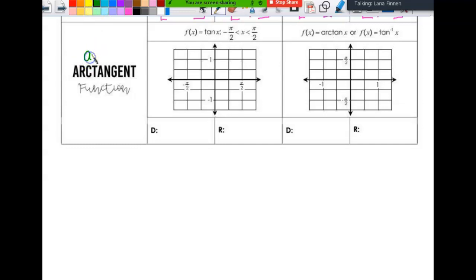So arctangent, or tangent inverse, sketch a little graph here. And so tangent, just quickly would look something like this. Okay.